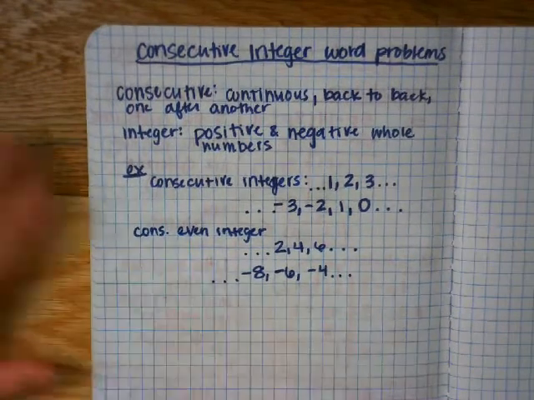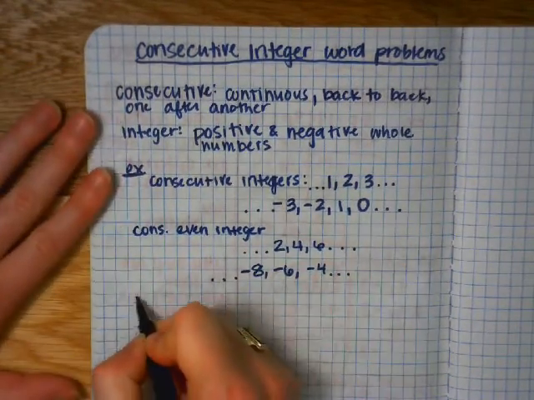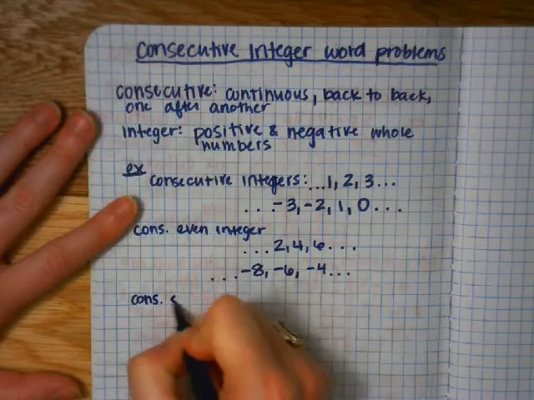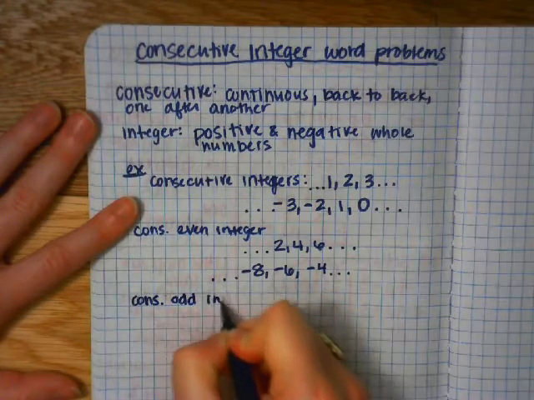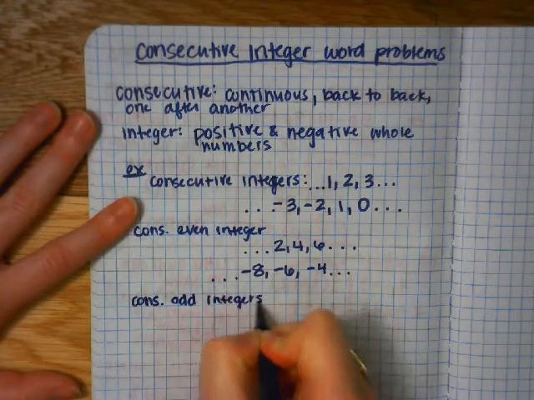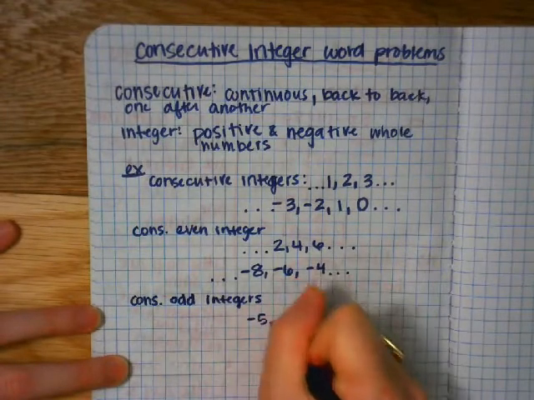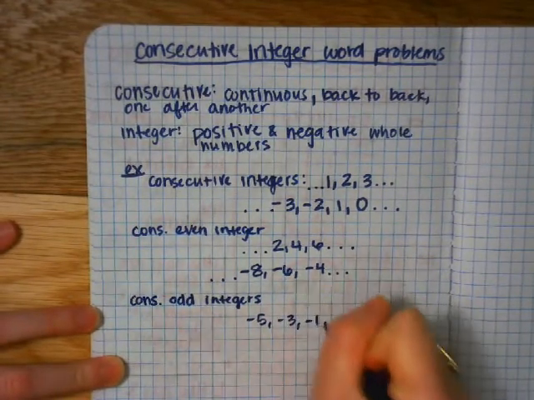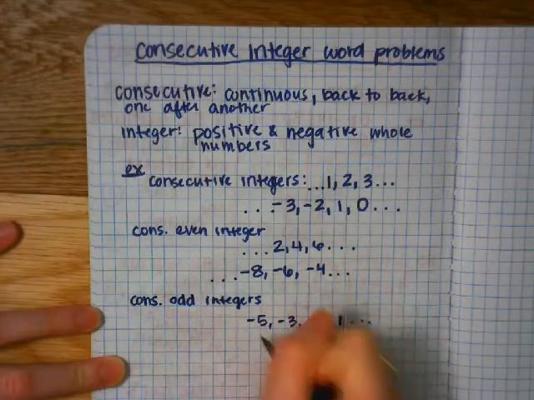So then last we have consecutive odd integers, right? Which could be like -5, -3, -1, 1, and so on.